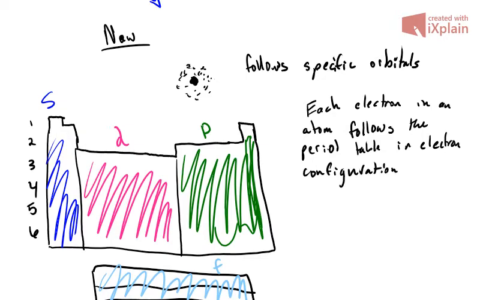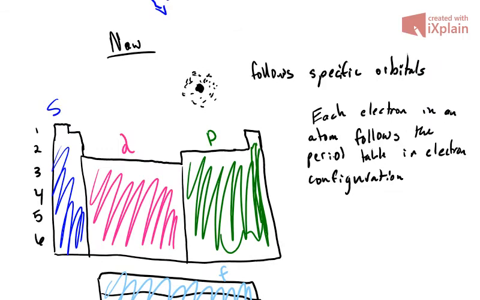So hydrogen right here is in the first energy level, and its electron is in the s orbital. The electron configuration for hydrogen would be 1s1.